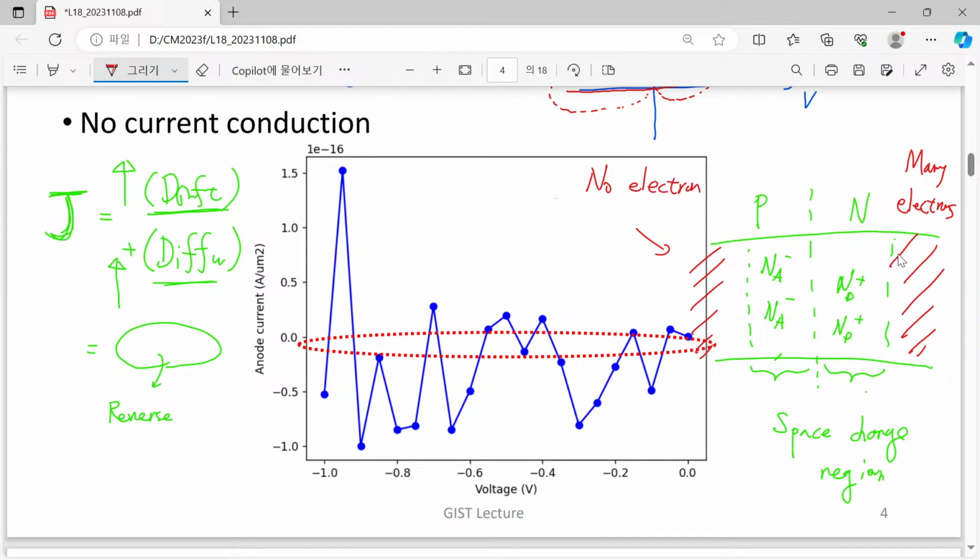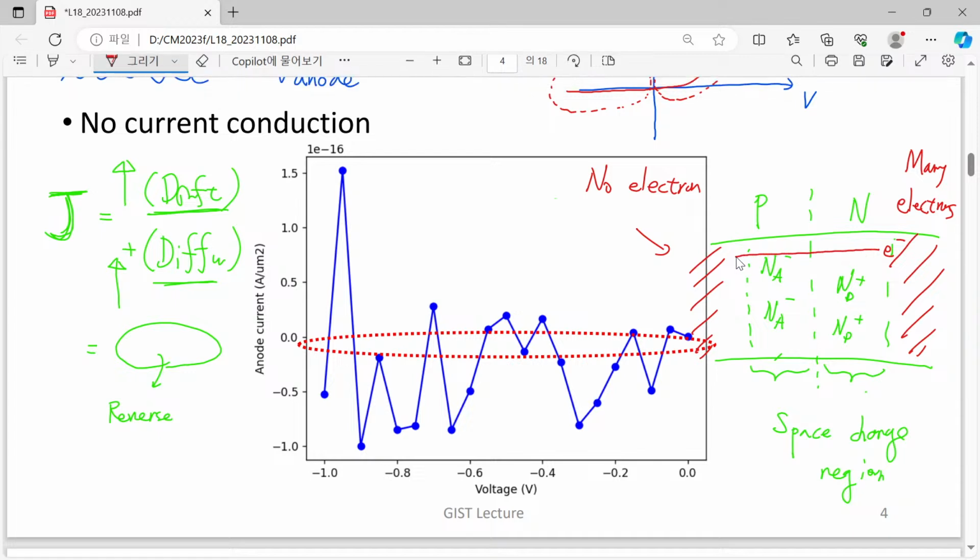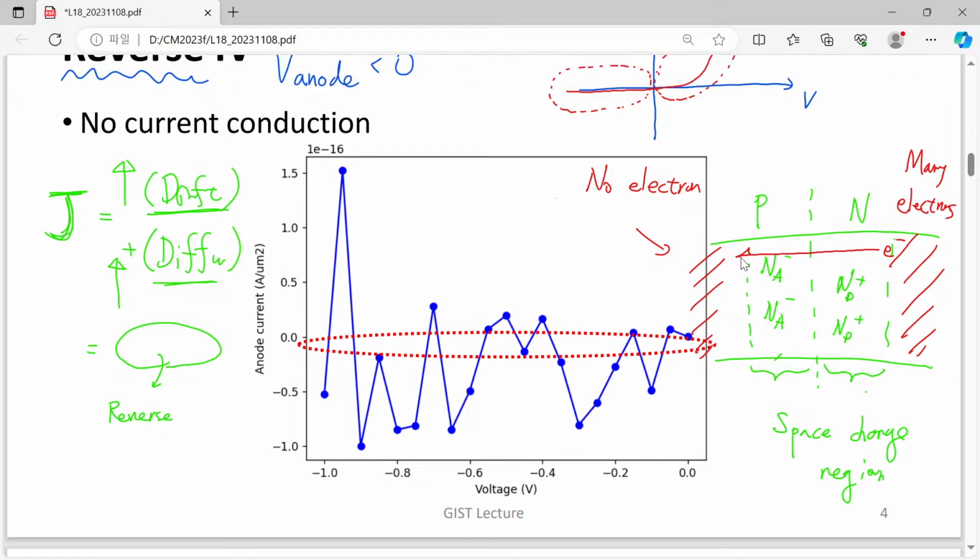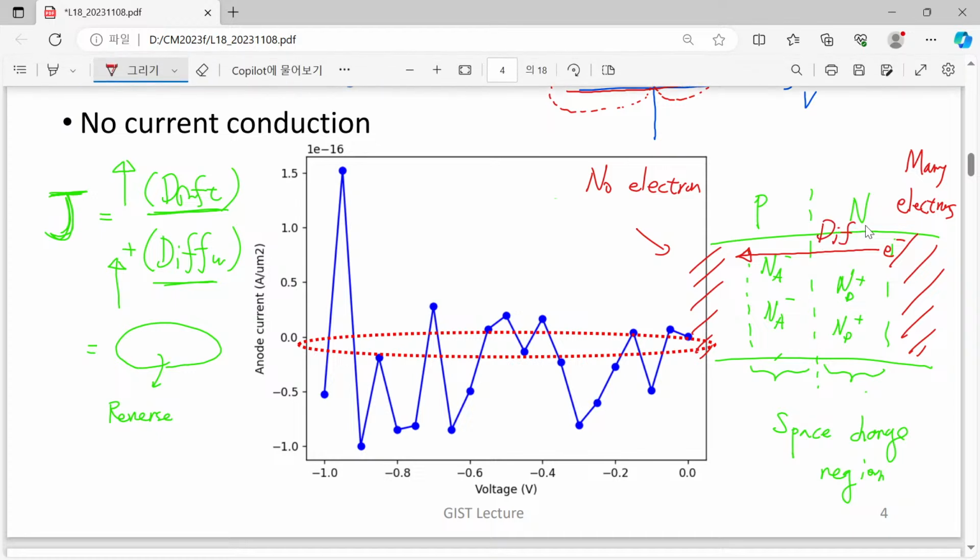So from the viewpoint of our electrons, this p-type region is just unexplored land, so there will be a strong tendency to diffuse over into the p-type region. This large amount of flux originates from the diffusion flux.